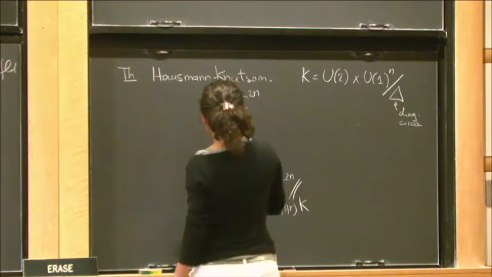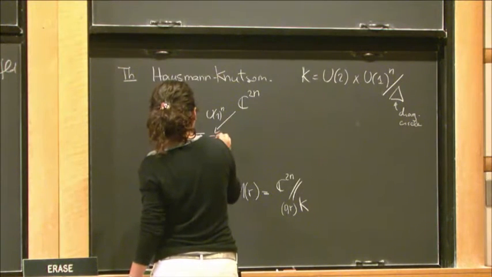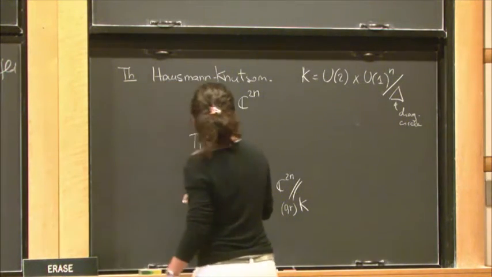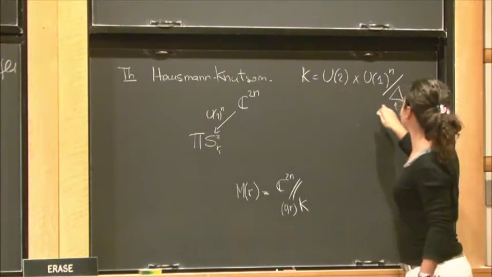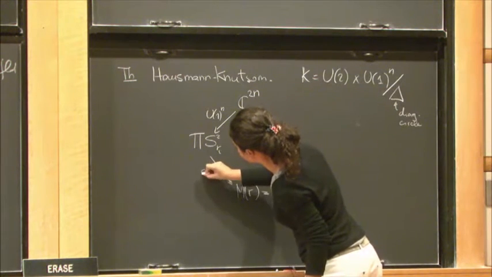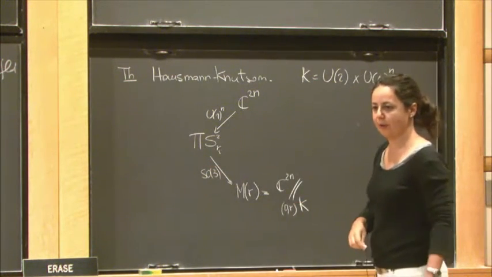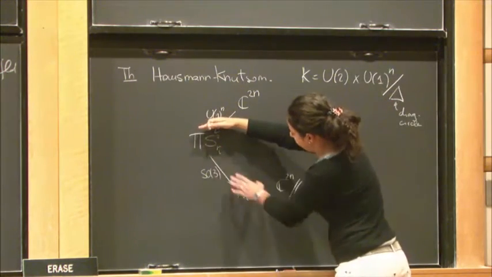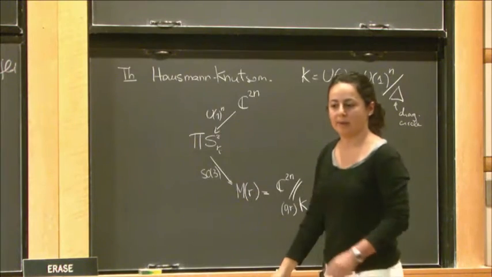Then in this case, we obtain the product of CP1s, or if you allow me, the product of spheres. And the residual U2 mod delta action is the SO3 action that I have just described before. So this part of the picture we have already in full detail on this blackboard.